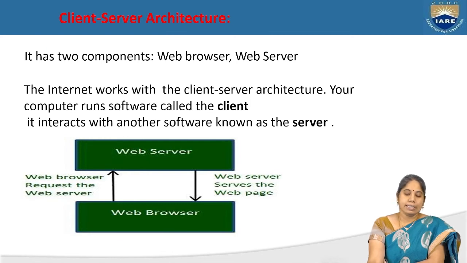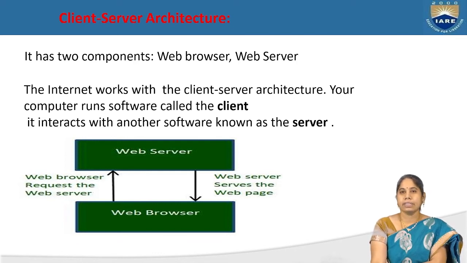Now let us see how these browsers actually work. It follows client-server architecture, so it has two components, web browser and web server. The internet works with client-server architecture, or two-tier architecture. The client is where the browser is running.